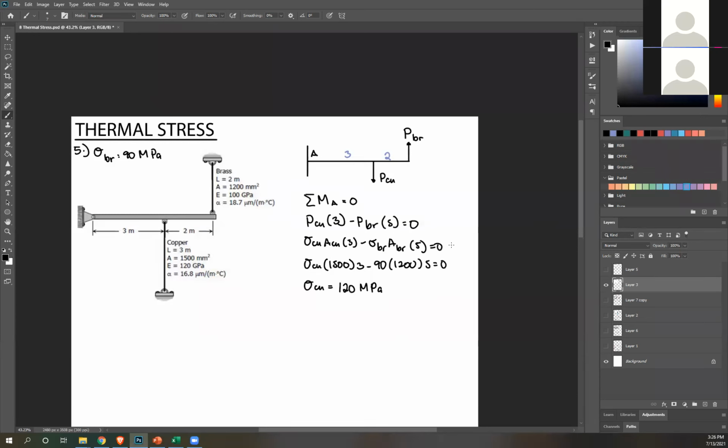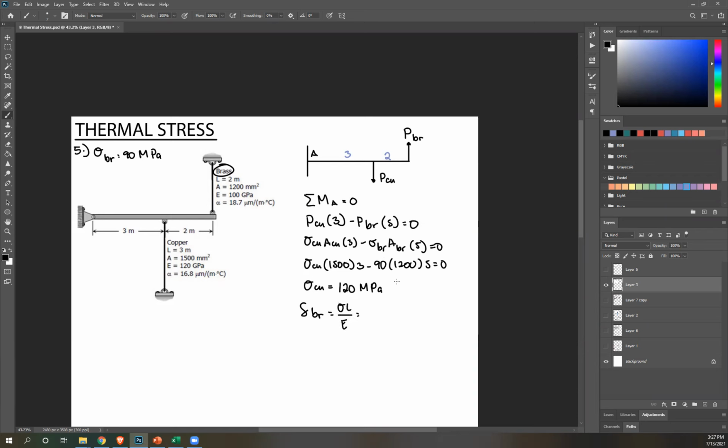And then from this, we can solve for its actual deformation. Okay, so let's solve. Deformation of brass, not bronze, brass. Deformation of brass equals, remember we have an equation for that. It's sigma L over E. Sigma of brass is 90.